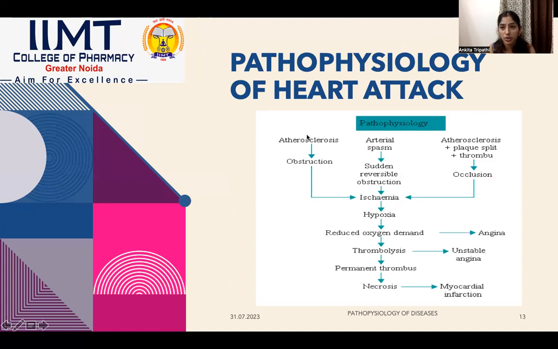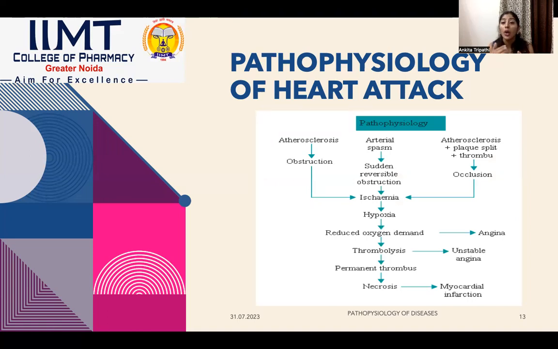When arteriosclerosis occurs, it causes obstruction of arteries. Arteriospasm also causes obstruction of arteries. Plaque formation or thrombus formation, all these create a decrease in blood flow. When there is a decrease in blood flow, ultimately the oxygen supply to the body decreases, and angina is caused.